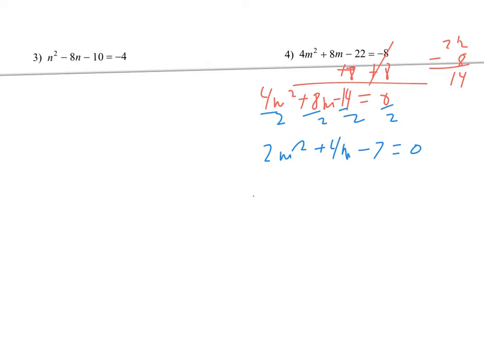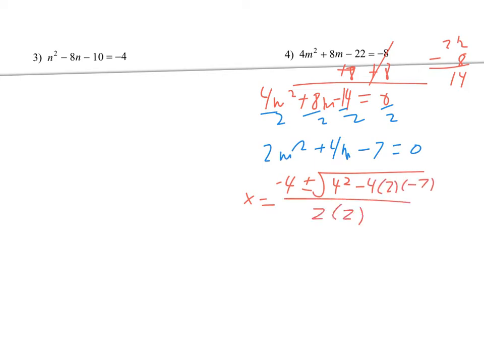So now I'll use the quadratic formula again. So I get x equals negative b plus or minus the square root of b squared minus 4ac all over 2 times a. So now I'll simplify in the radical. So we get plus or minus the square root of 16, and then negative 4 times 2 is negative 8 times negative 7 is plus 56 all over 4.